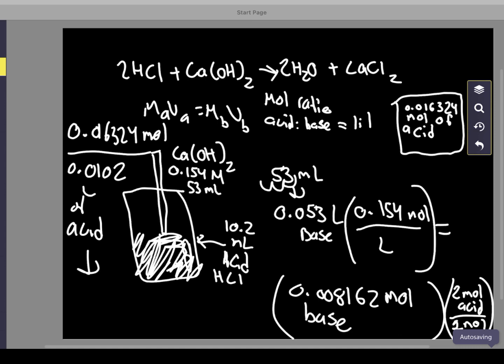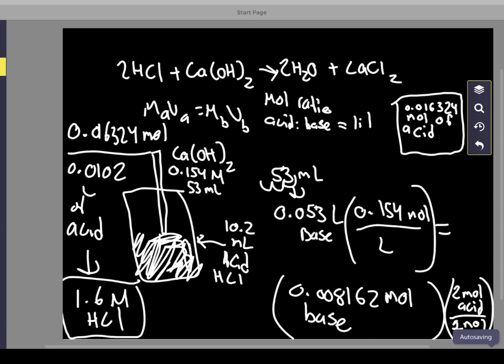So 0.016324 divided by 0.0102, your molarity should be 1.6 molar, and then your acid, which is HCl. And we round to 2 sig digs because of this. So that's going to be our answer, right?